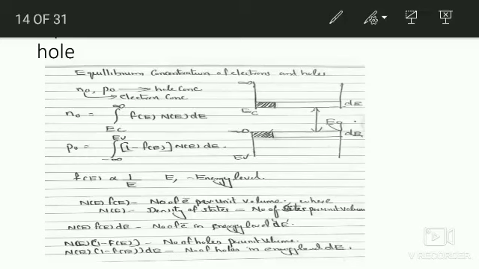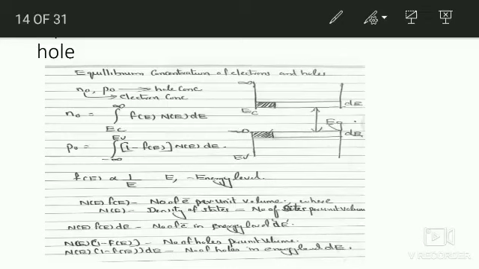If we multiply the density of states with the probability of finding a hole, we get the hole concentration per unit volume. Multiplying by dE gives the hole concentration in the energy range dE. Integrating from minus infinity to EV gives the total hole concentration in the valence band.